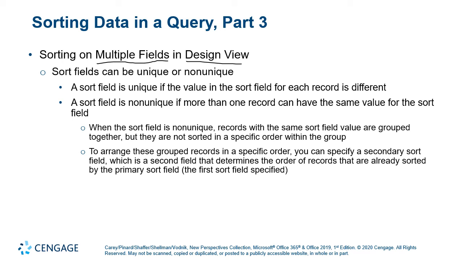If the values tie in the first field, then they will be ordered based on the next field in the sorting setting. So that's how multiple field sorting works. If the field is a primary key, which means there are no duplicates, then you don't need multiple fields. But sometimes we need to sort based on multiple fields to break the tie of the first field.